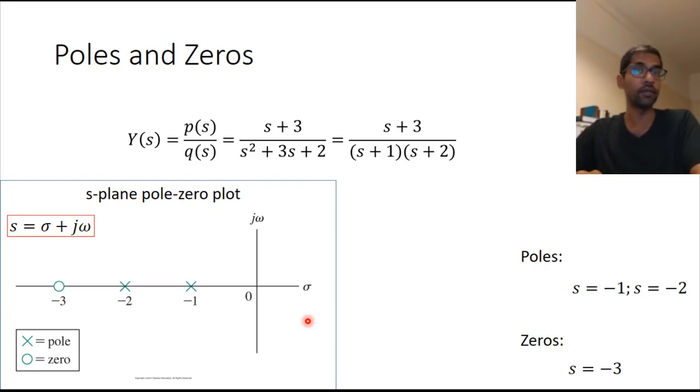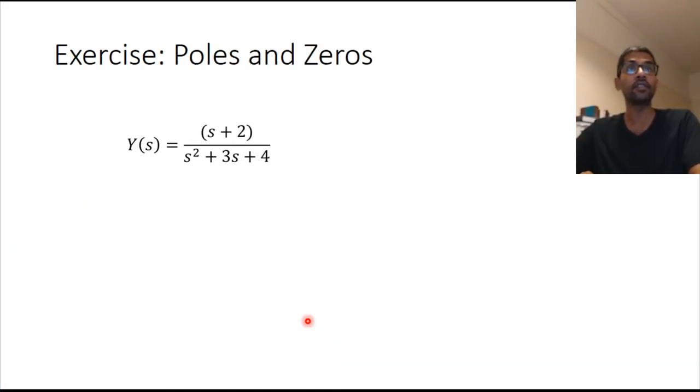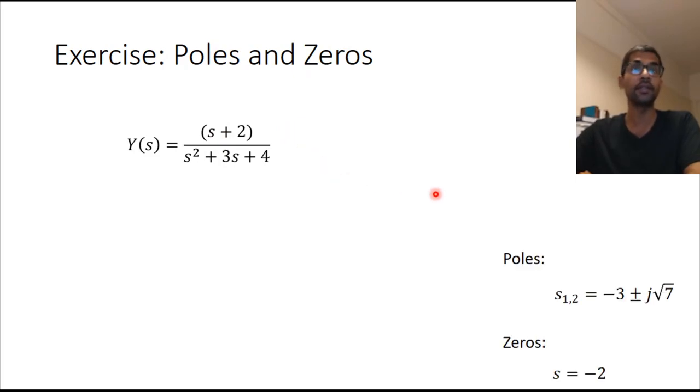Let's take another example and work this out, just to help you see how we do that. Let's say we have a transfer function given by this equation, and I say, please plot the pole zero plot. Tell me where in the s plane the poles and zeros lie. We need to find the roots of the denominator polynomial and the roots of the numerator polynomial.